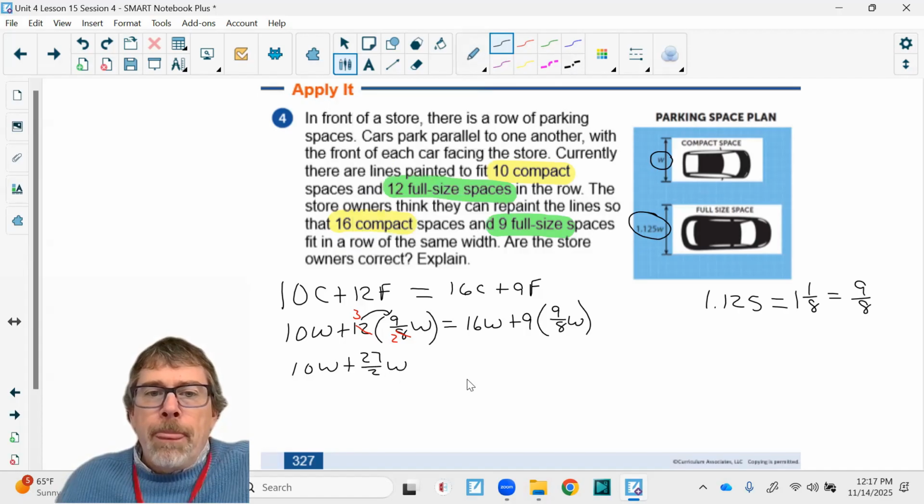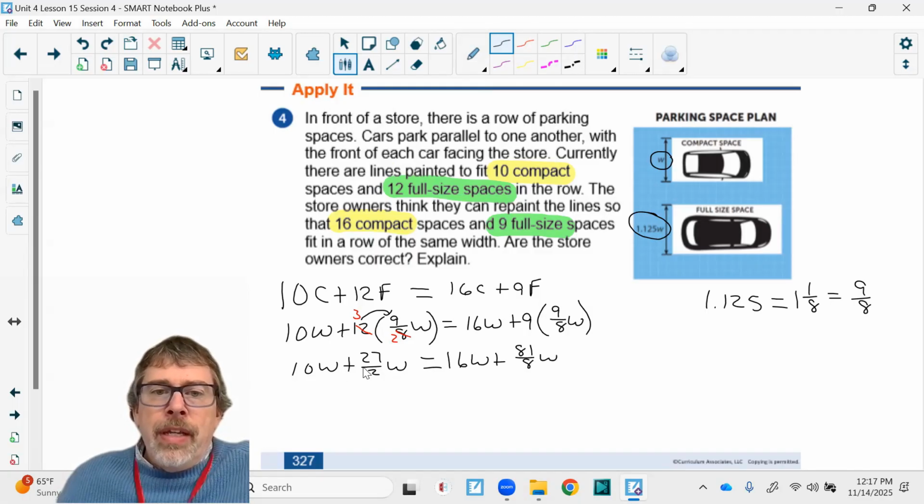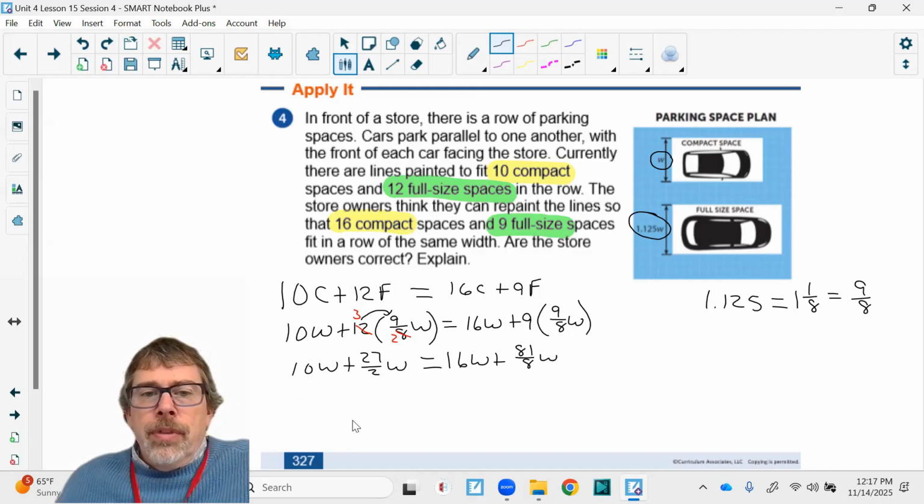W. Okay. And that has to equal 16W plus 9 times 9 is 81 over 8W. Okay. Well, 27 halves is the same as 20 halves W. So really what we should do is get all of our denominators the same, which is 8.